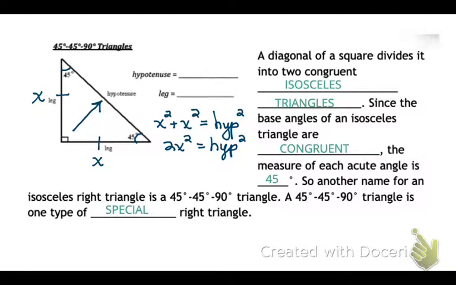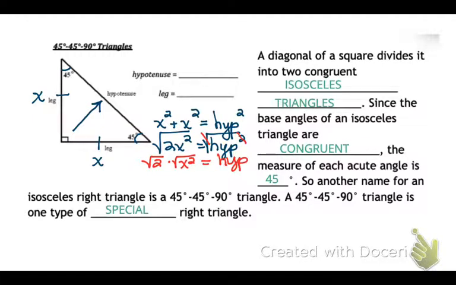We can take the square root of both sides because that's going to cancel out the square root here and squared here. Now, the square root of 2, we know that that is an irrational number, but I can break apart those two values, and we know it's going to be equal to the hypotenuse.